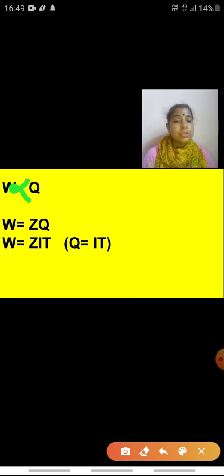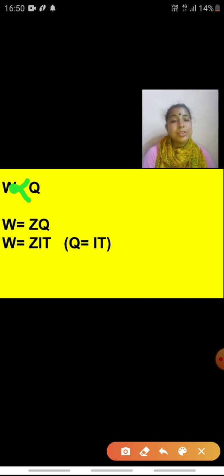This is the first law: the quantity of substance deposited is directly proportional to the quantity of charge passed. Now, removing the sign of proportionality, a constant comes, that is Z, and it becomes W = Z × Q. Now Q, you all know, is charge.